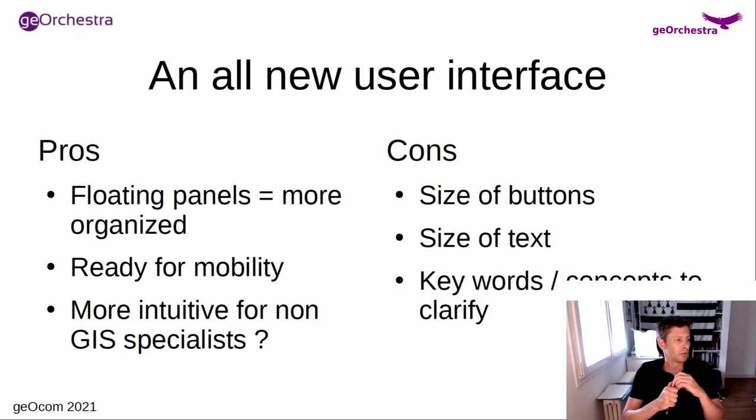Maybe things we have to discuss in the community for the next month are on the UI, the size of buttons, size of text, but we know that MapStore can be entirely customized. Something I will have to say to you later is about keywords and concepts to clarify with our customers in order to have a good migration.